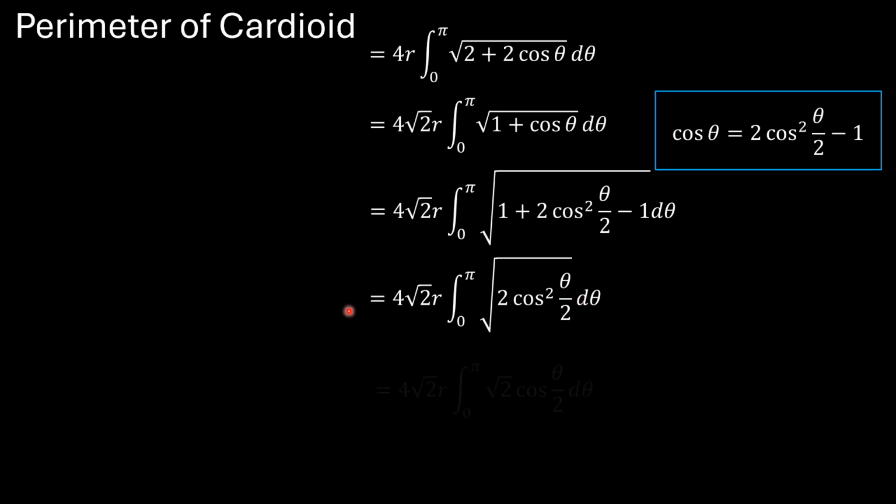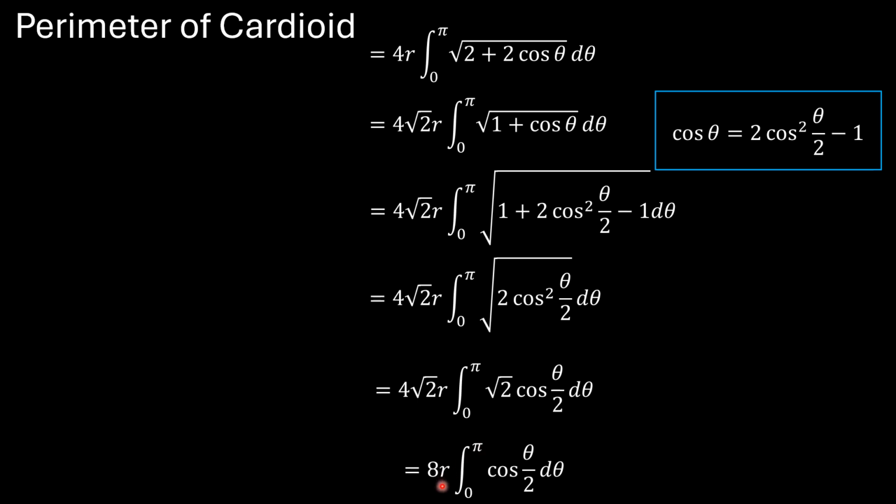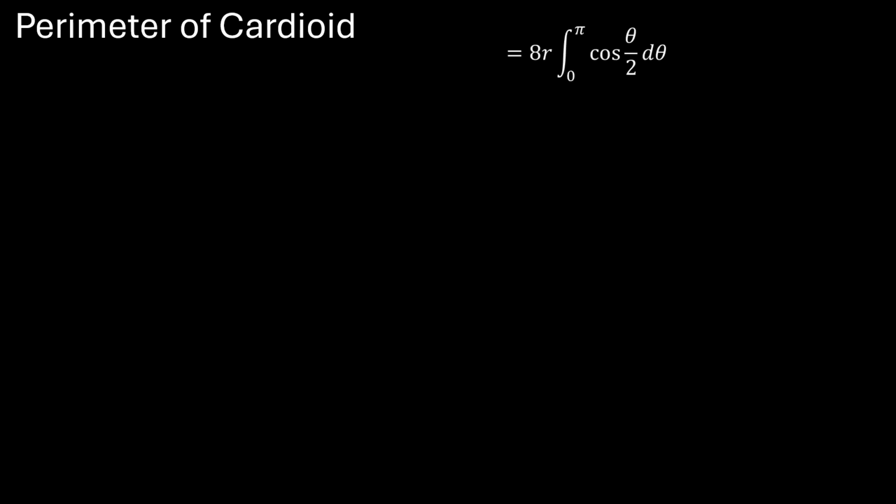Now we can pull that 2 out, so we have root 2, and then the square root of cosine squared theta over 2 becomes cosine theta over 2. So we have now 8r times the integral from theta equals 0 to theta equals pi of cosine theta over 2, which is now easy to integrate.